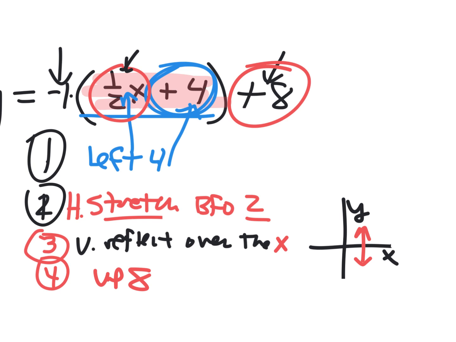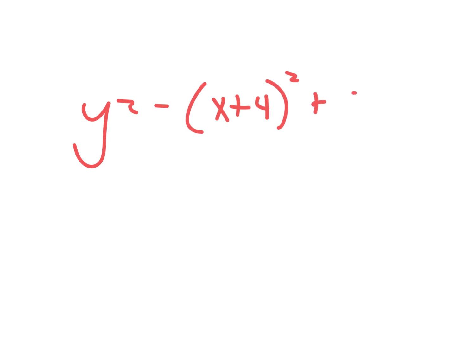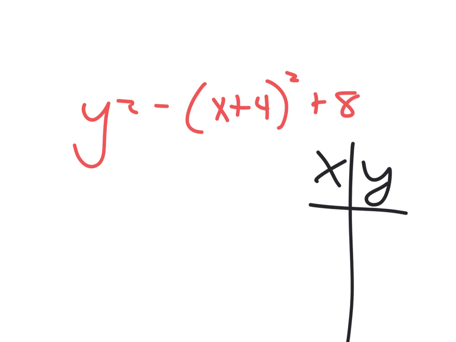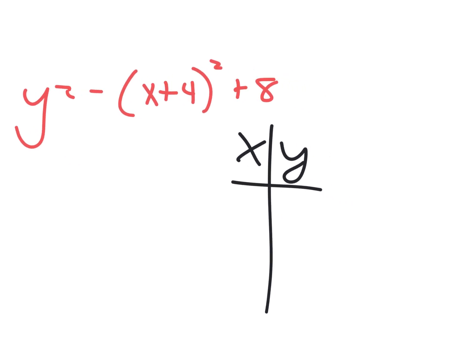All right, so imagine for a moment that it was that same kind of problem, but you had to graph it. Do you remember me saying you could pick any points you want, but you should be smart about what you pick? If I put in 1, I'm going to get a pretty big number, because then I'm going to get 5 squared is 25, and then it's -25 plus 8. It's going to go off the graph.